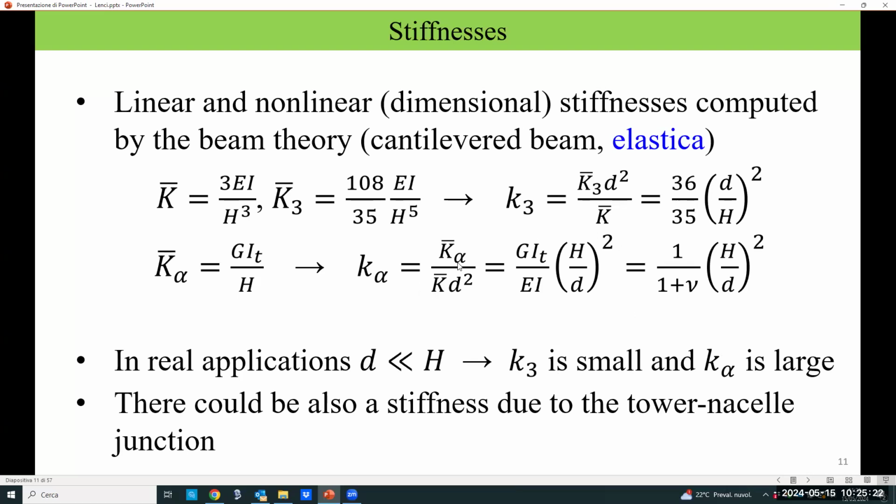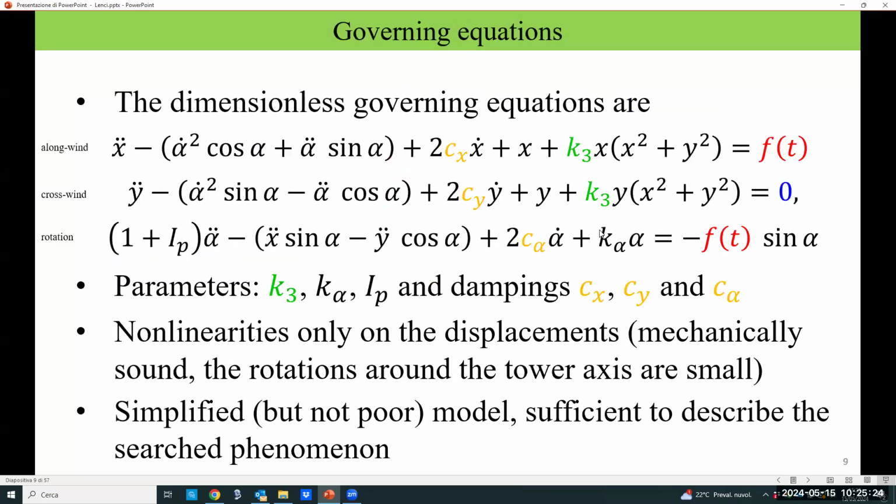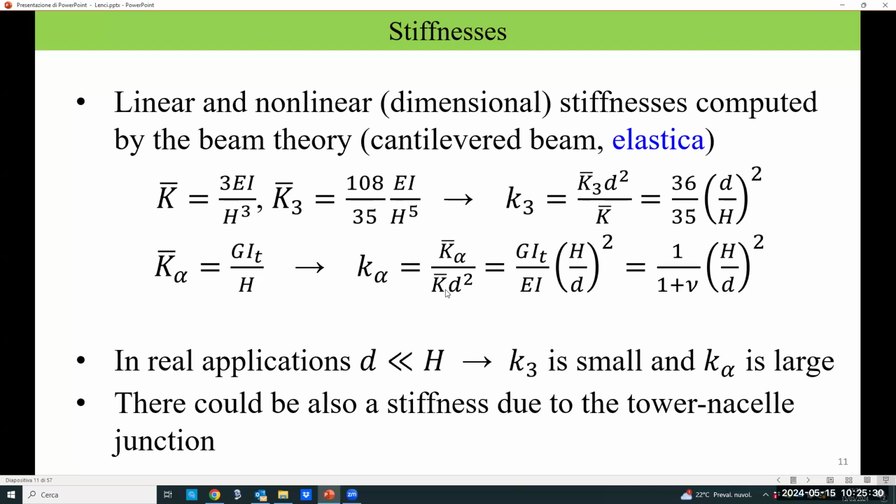On the other hand, the linear torsional stiffness, this K alpha, is the ratio between the flexural stiffness and the torsional stiffness. After the nondimensionalization it is basically H over D, so the opposite. So this means that it is a very large number, its square even larger. So K3 is small and K alpha is a very large number.